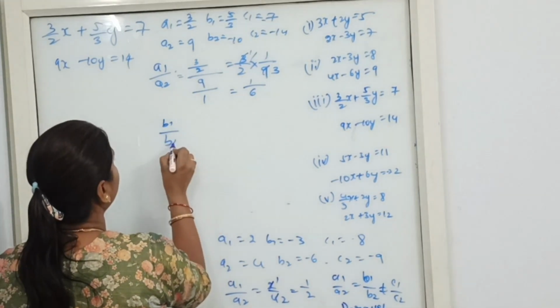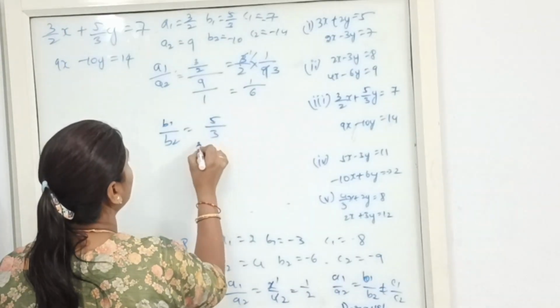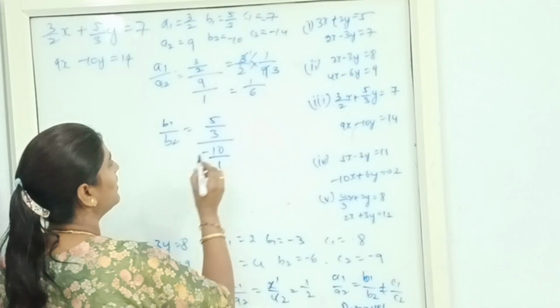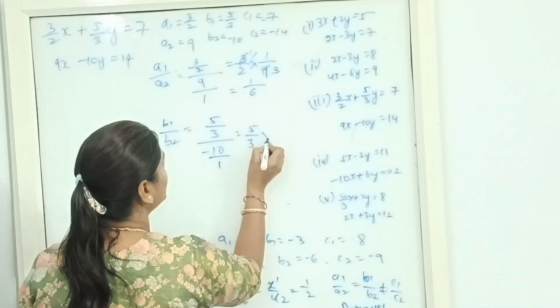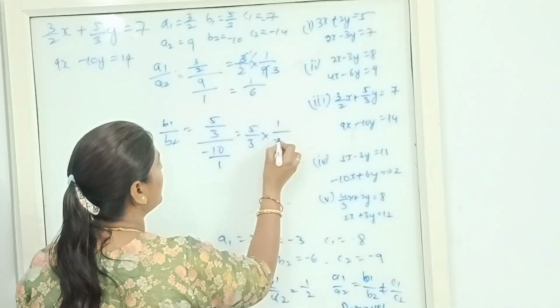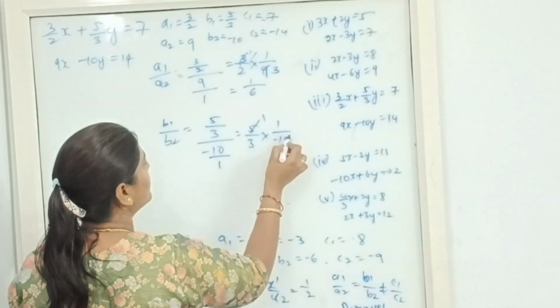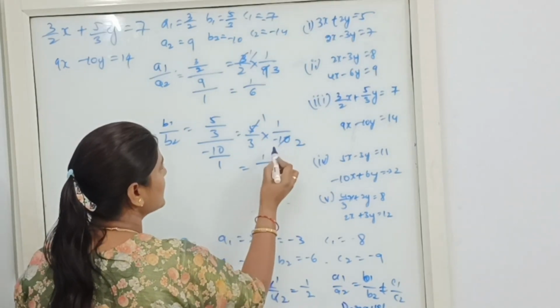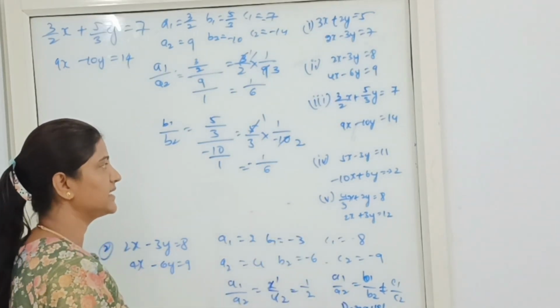Now b1 by b2 is 5 by 3 whole divided by minus 10. That is 5 by 3 into the reciprocal, 1 by minus 10. 5 1s are 5, 5 2s are 10; 1 into 1 is 1, 3 2s are 6, but the negative is there, so keep the negative sign.